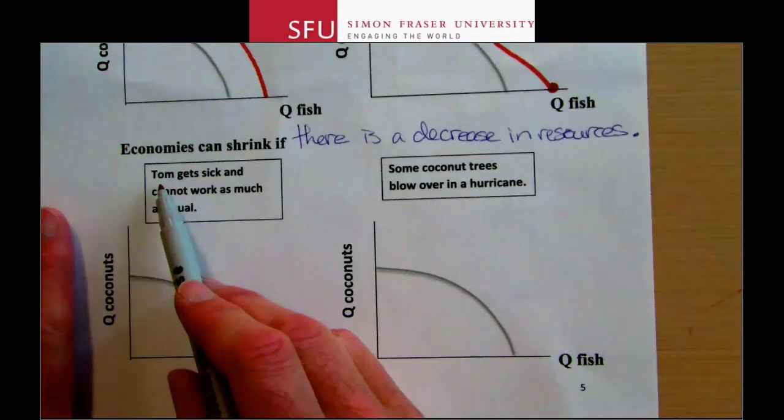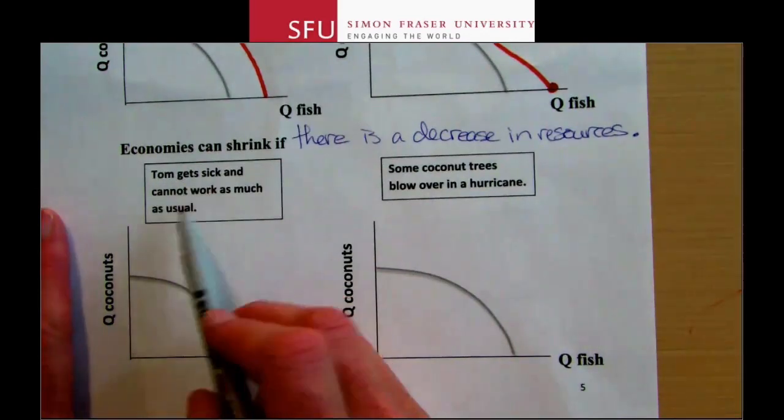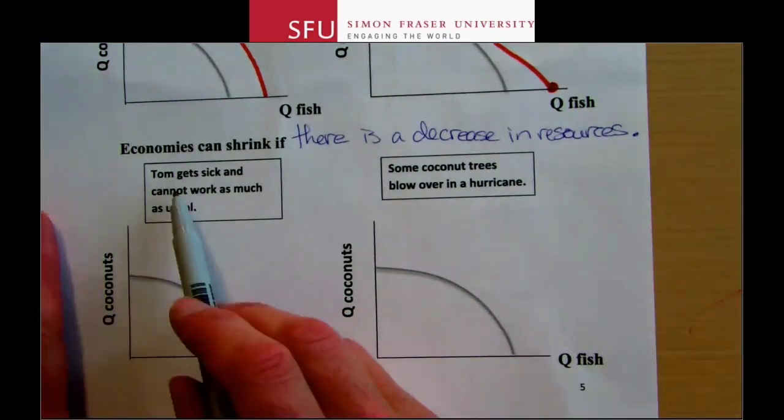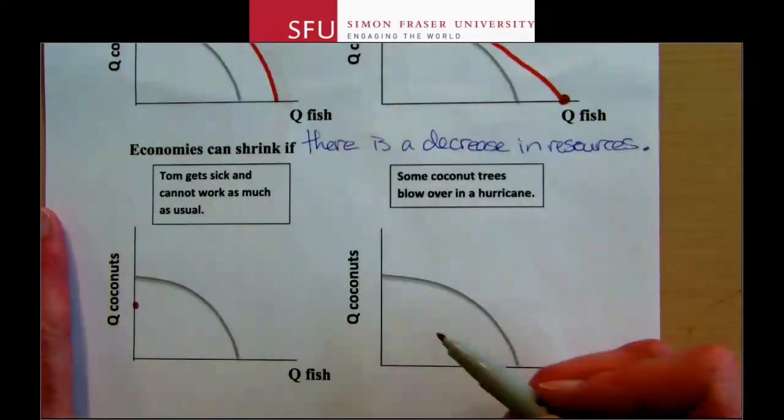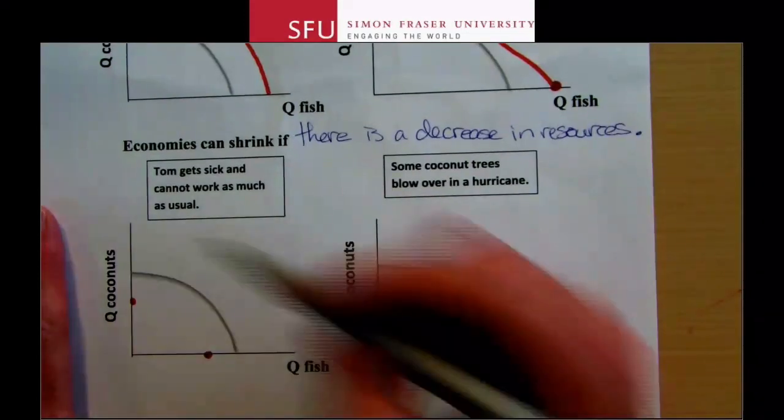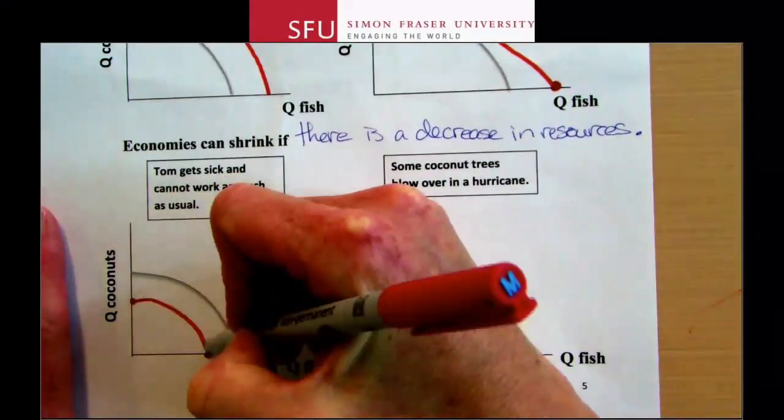First example, Tom gets sick and cannot work as much as usual. So now there'll be a decrease in the amount of labor. So that will decrease coconut production and it will decrease fish production, so the curve would shift inwards.